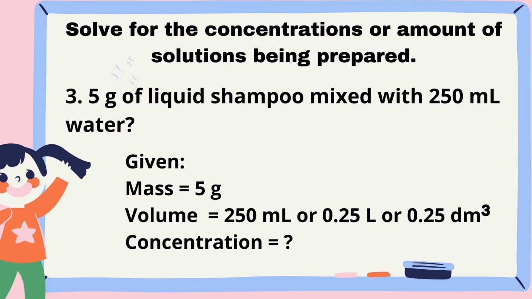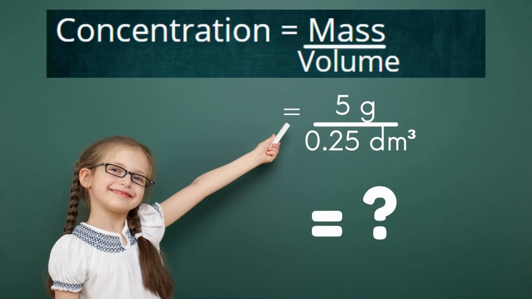Now, solve for the value of concentration. Still, concentration is equal to mass divided by volume. Mass is equal to 5 grams. Volume is equal to 0.25 cubic decimeter. Solve for the value of concentration. You may use scientific calculator and answer this in your activity sheet. Good luck!